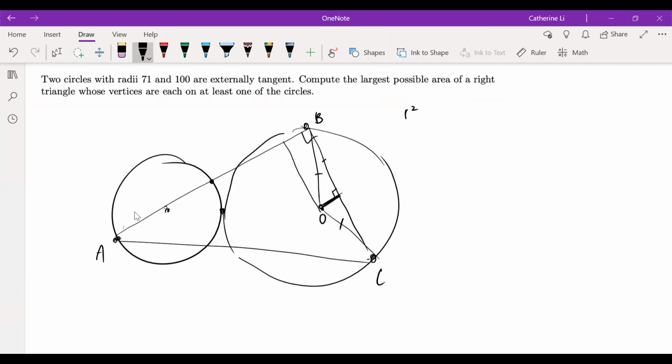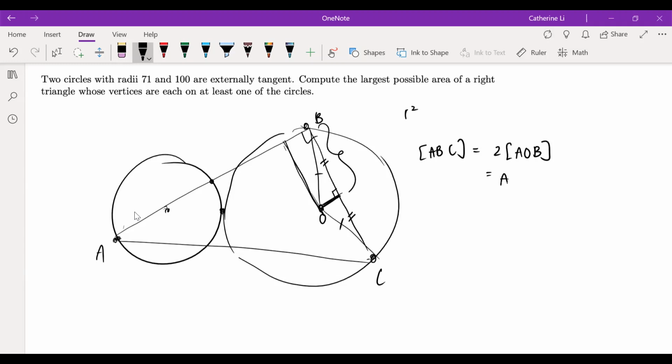So that means that these two lengths are equal. So the altitude from O to AB is like this length, and then from C to AB is just twice that. Which means that in order to find the area of ABC, we can also just do twice the area of AOB.